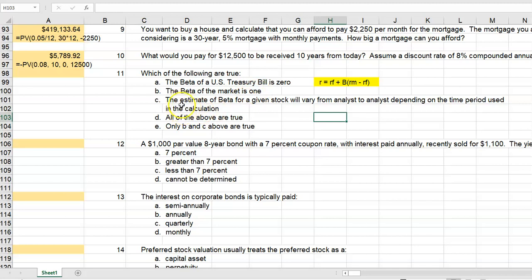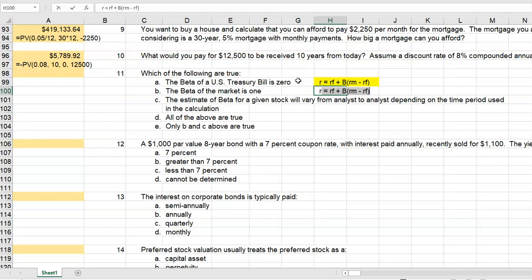And yes, the estimate of the beta is going to change because people might use different numbers for return on the market. They might use the S&P 500, the Wilshire 5000, the Russell 5000, all kinds of different numbers when they calculate the beta. But maybe this is the harder part to figure out. If I'm looking at a U.S. Treasury bill, I want to say, what's its return?